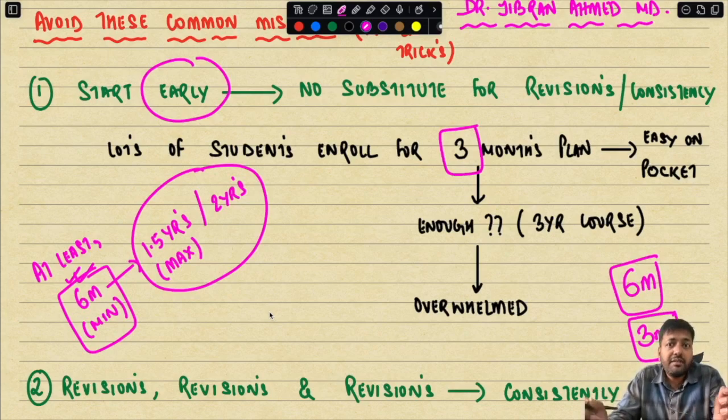Leave the plans aside; I am not advertising here that you should join Simply Pathology. Don't take it that way. Take it that in 3 months, you are not able to complete everything from the beginning to the end. It is a 3-year course. It requires at least 1 to 1.5 years of active reading to understand the subject. You cannot complete the subject in 3 months' time.